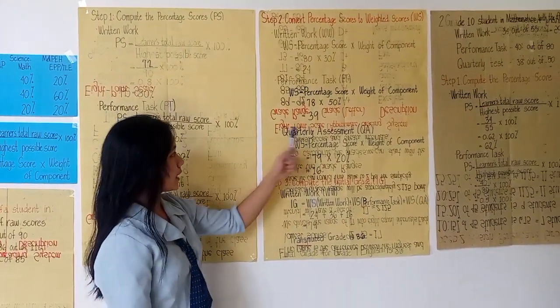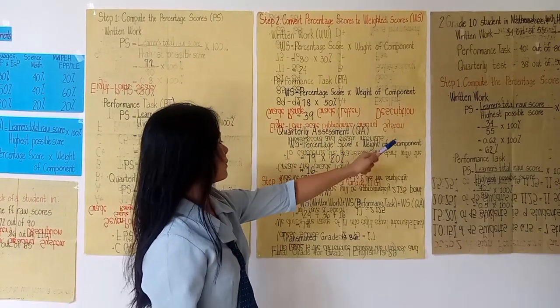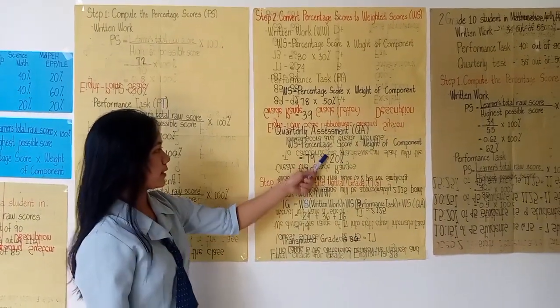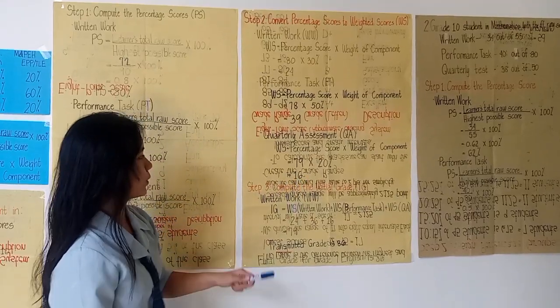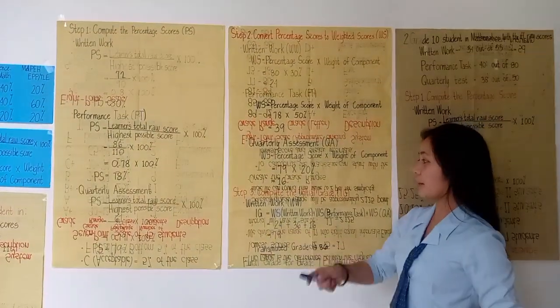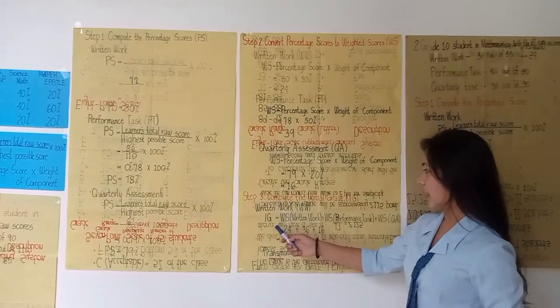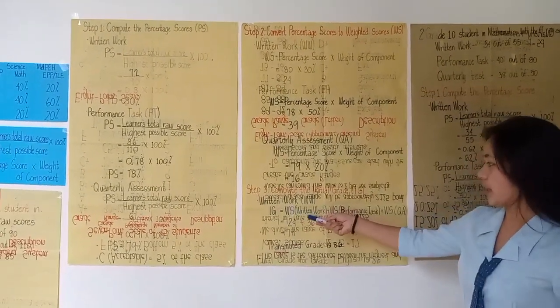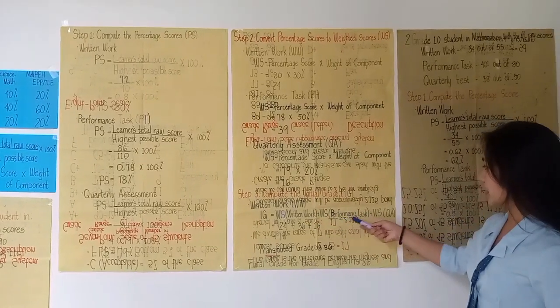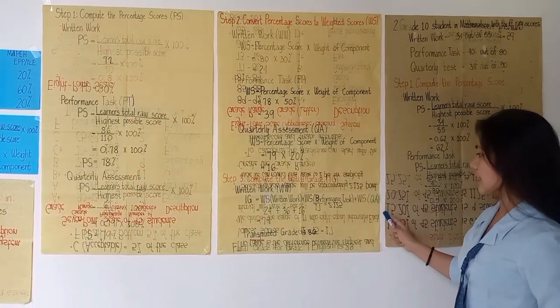And then the quarterly assessment, percentage score times weight of component. 79 times 20 is equal to 16. So next is step 3, compute the initial grade. Initial grade is written work plus the performance task plus the quarterly assessment.